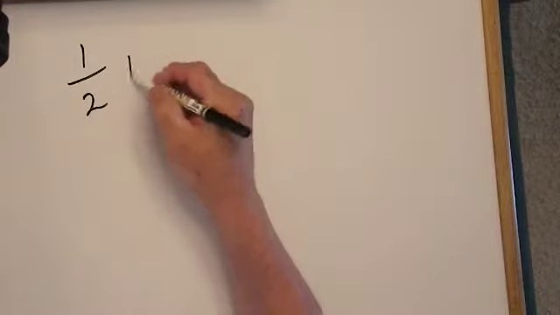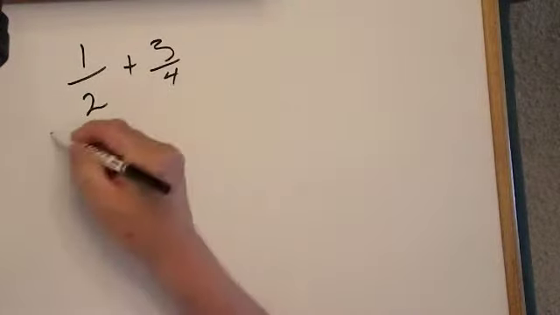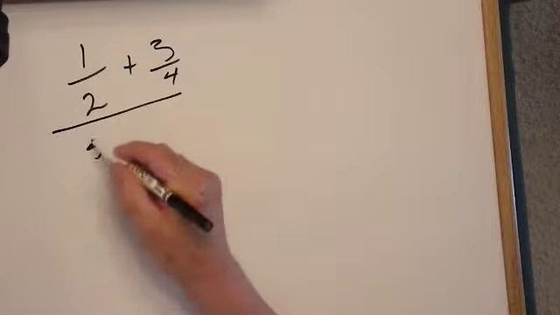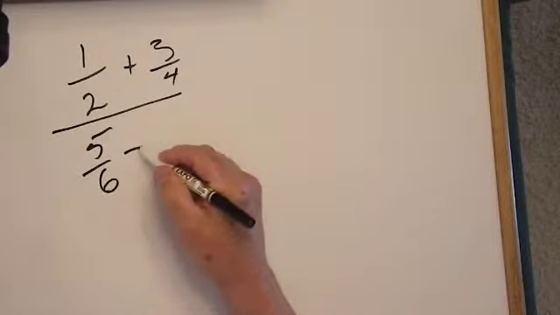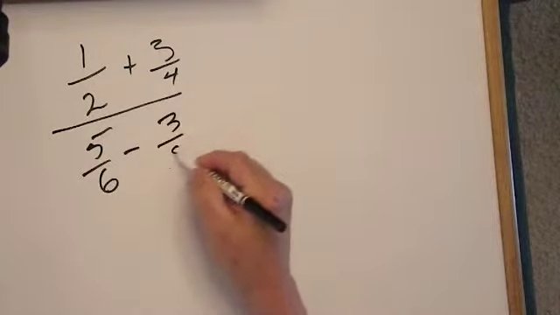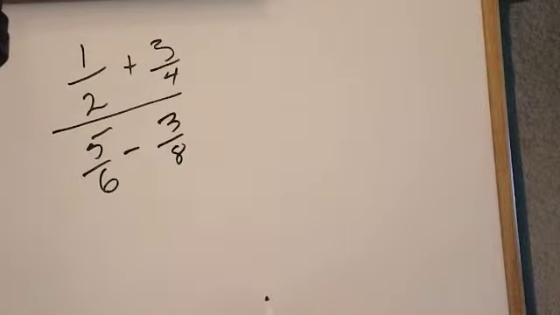The example I've got is 1 over 2 plus 3 over 4 all over 5 over 6 minus 3 over 8. So in this method, we find the least common multiple of all of the denominators.